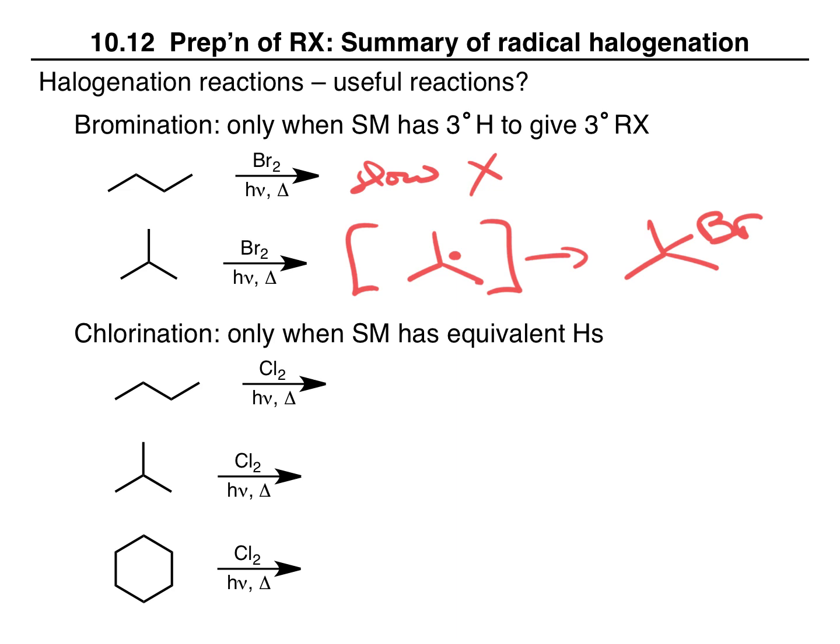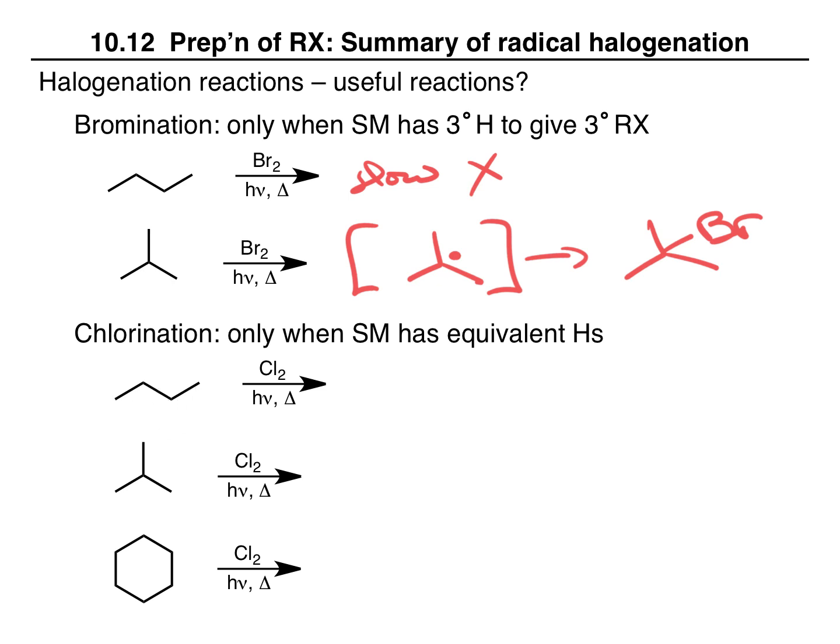So when the starting material has tertiary hydrogens that can give a tertiary radical that leads to a tertiary alkyl halide, this is a very useful reaction. For chlorination, this is going to be useful only when the starting material has equivalent hydrogens. So here, the reaction could occur at these positions to give the same product, or at these positions to give the same product as each other, but different here.